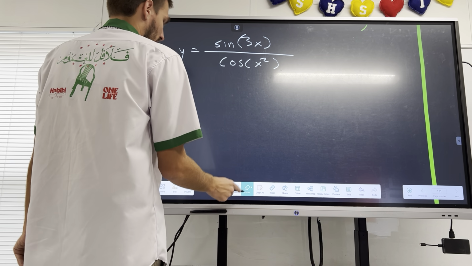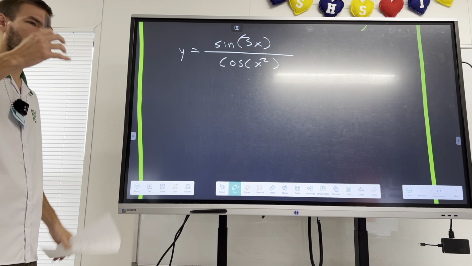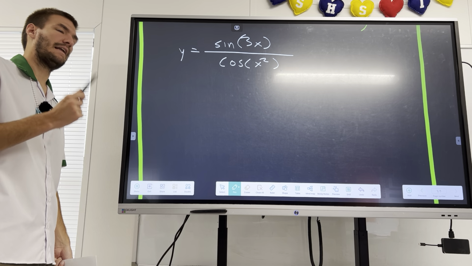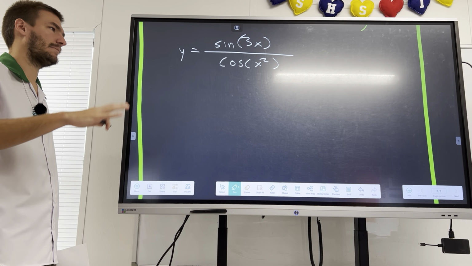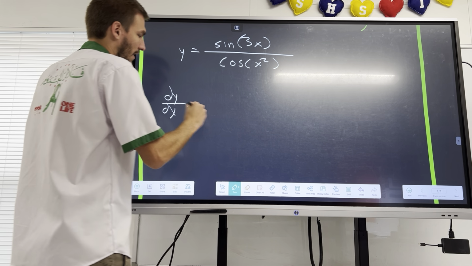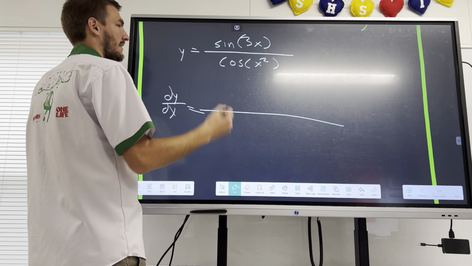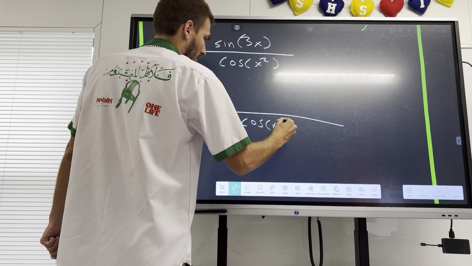So doing our quotient rule, Mr. Music Theory here from my last class, I remember, low, low, low, D high, minus high, D low. Anytime we hit with that D low or D high, we're going to have to make sure we use the chain rule. So dy dx, low, low, all right, that's cosine of x squared.